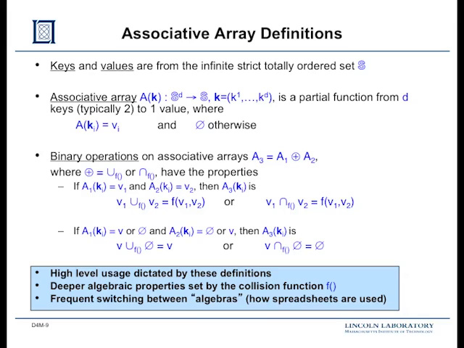So from a real simple example, if I had an array 1, 2, 3, and array B was null, null, 3, there would be only one collision. If it was an addition, it would be 1, 2, 3 plus null, null, 3. These are row vectors.